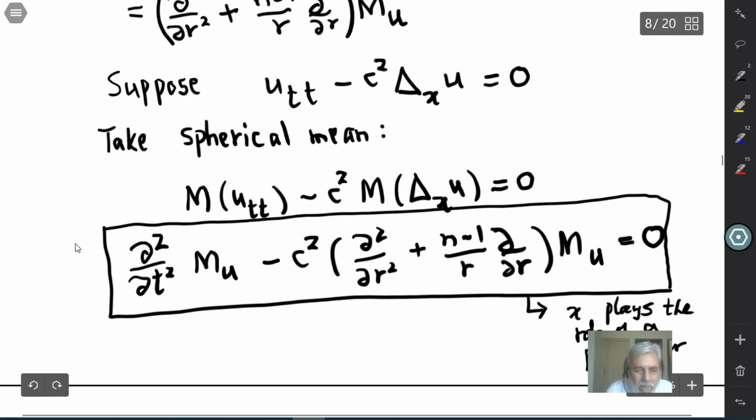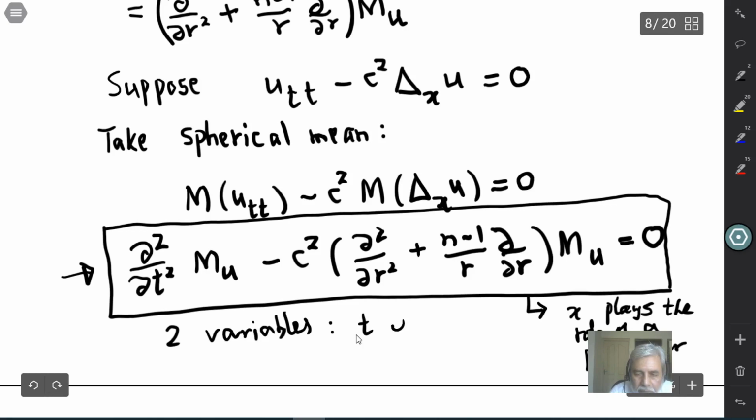Okay, so we have achieved now. So this, look at here. So the spherical mean function of u satisfies a second order equation, but only two variables, t and r. Okay, so that's important. So what about the initial conditions?